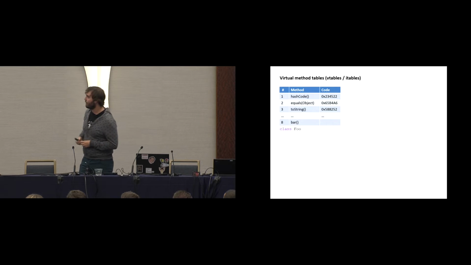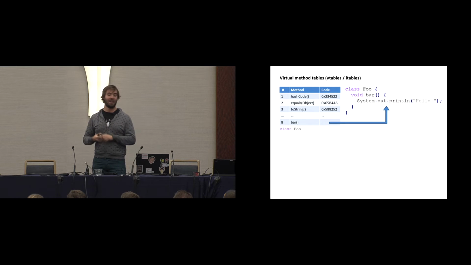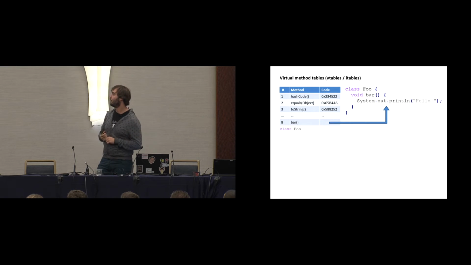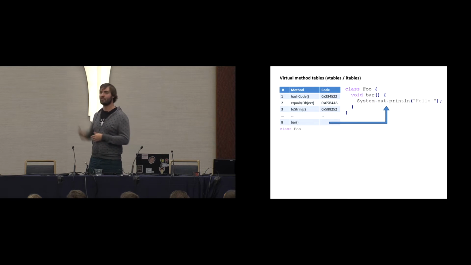In this case, we have bar at index 8. And what we then have is a machine address where we reference the code to this method. And there we will just point to this println instruction, right? So if we go to a call site and we observe a class foo, which is a direct instance of this class, then the JVM just goes to this class's virtual method table, goes to index 8, and calls the code there.